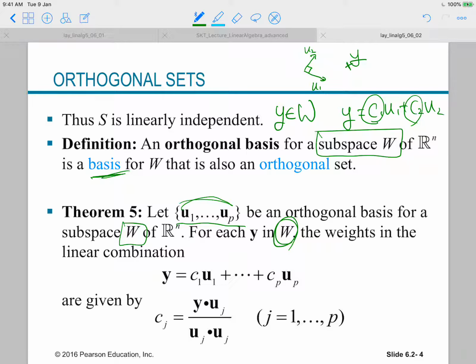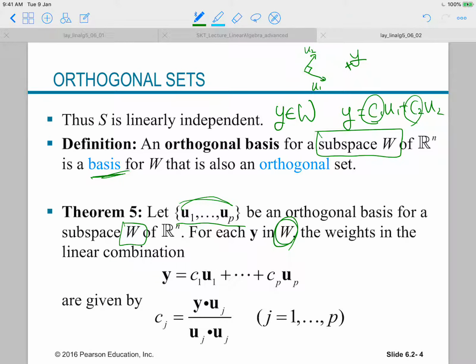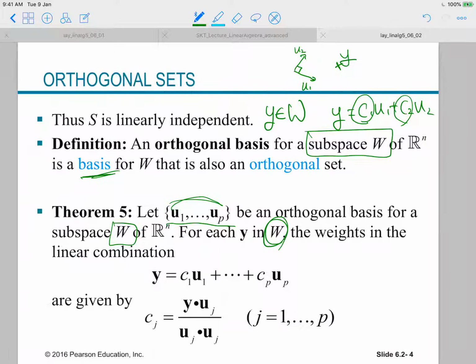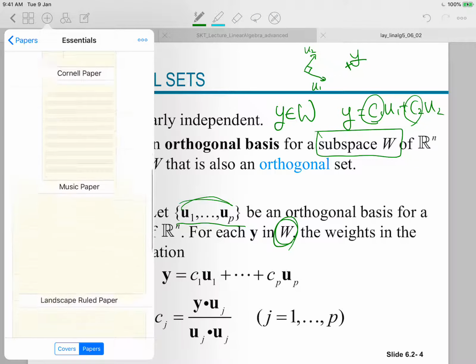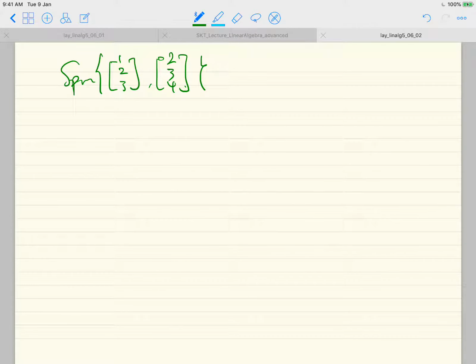So this is an intuitive example. Let's consider the span of these two, which are linearly independent, but not yet orthogonal to each other, right? So in this case, let's consider maybe 4.